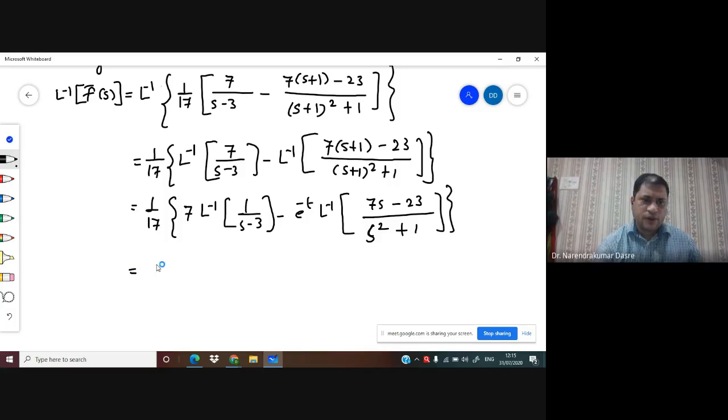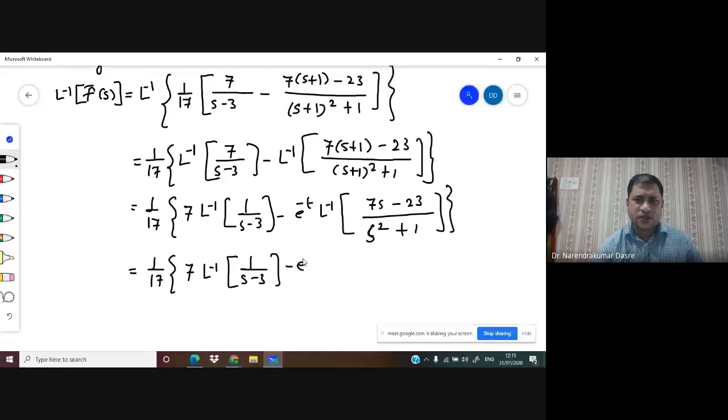Okay, and this is equal to 1 by 17 times [7 times the Laplace inverse of 1 upon s minus 3 minus e raised to minus t. Again, we have to use the linearity property here.